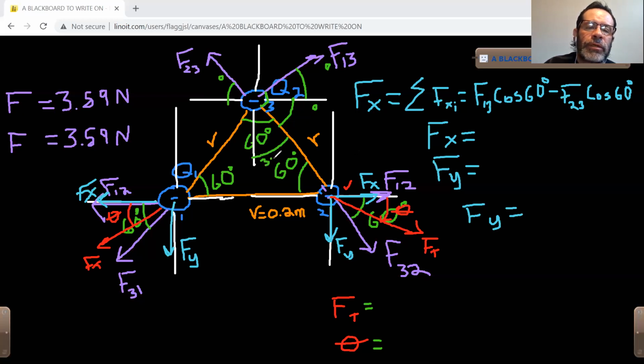This is the one that's 30 degrees, but I think it's still 60, right? Let me check that, because I have fuzzy brain and I don't want us to do an incorrect calculation. This is 30. That means that this is 60. And that would make this 30.